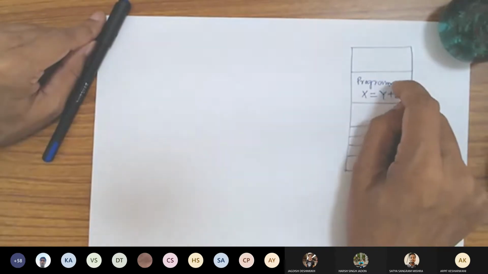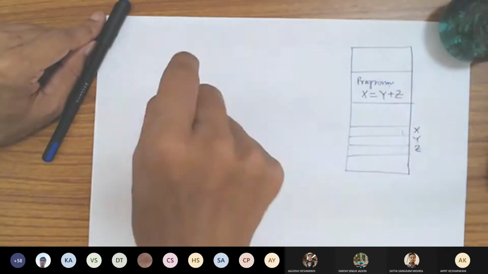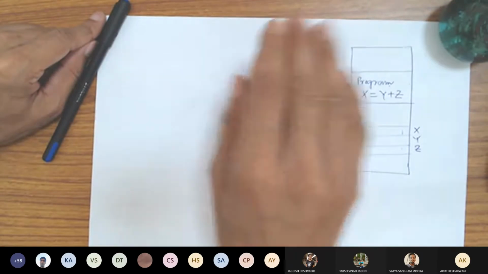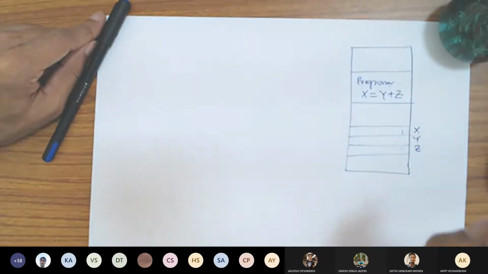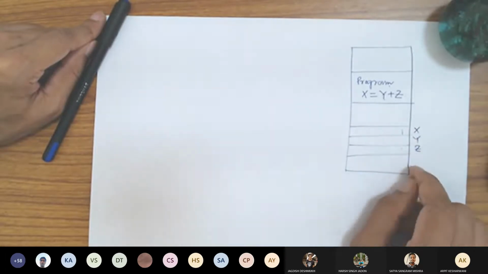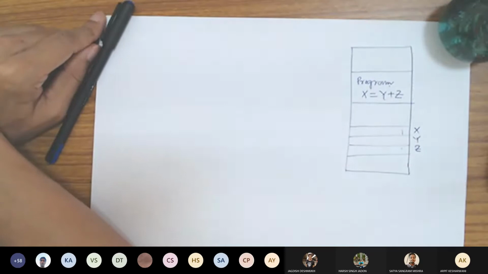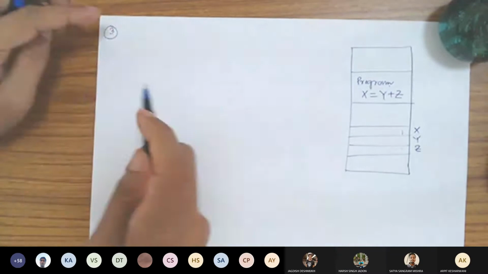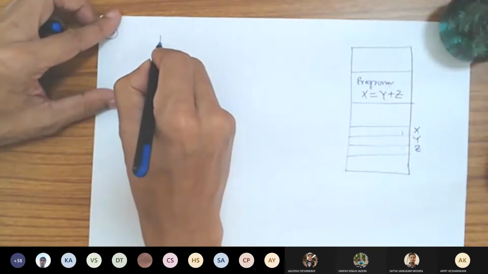Now for this program, x equals y plus z, where all the operands are already in the memory, what you should do? Load. Yes. So we need the instruction load.